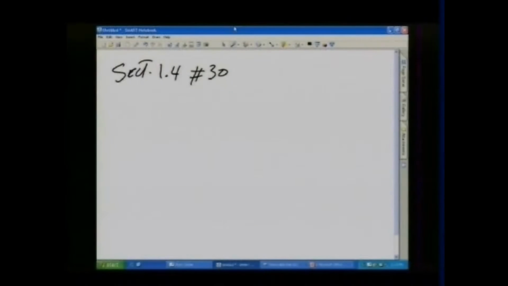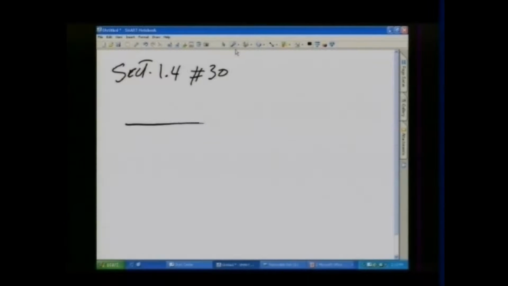All right, let's move to exercise number 30 under section 1.4. The instruction says perform the indicated operations and simplify. Let's look at number 30.